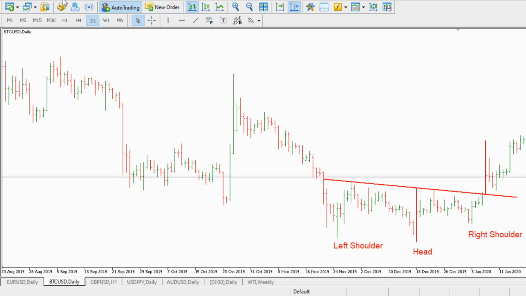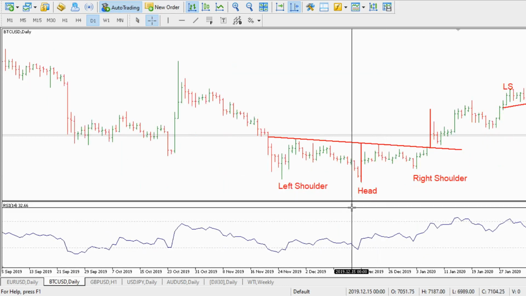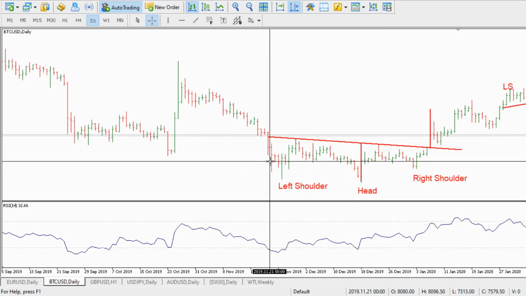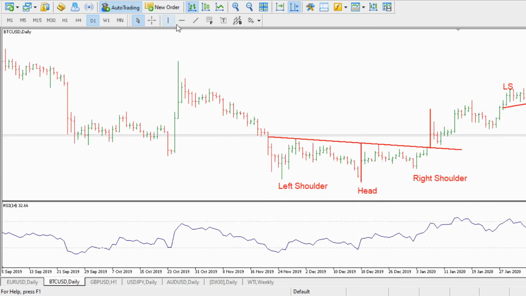Let me insert here RSI, oscillators, relative strength index. I'm going to leave it this way. So we can see here between the left shoulder and the head that we've got a divergence, but let me make it more visible.